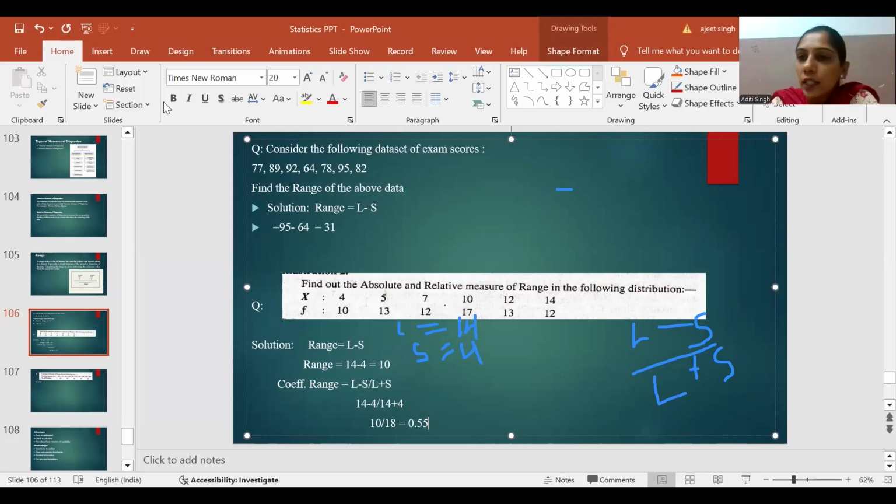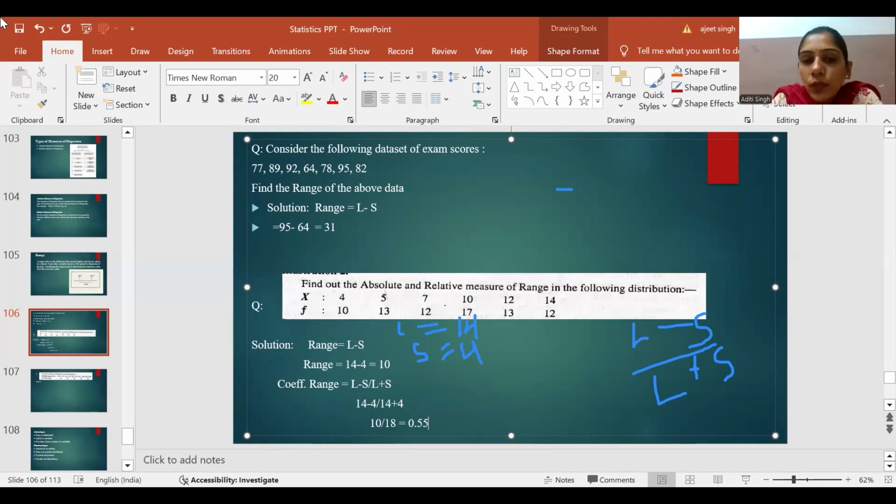For calculating range, we subtract the smallest value in a given series from the largest value. This is the difference between the minimum value and the maximum value of a given series. If we talk about the coefficient of range, the formula is the largest value minus the smallest value divided by the largest value plus the smallest value.